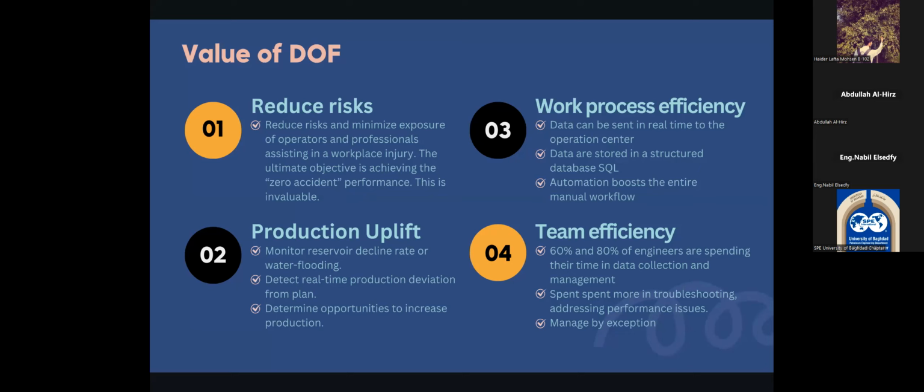That data-driven model can analyze the data and tell you if there is a spill or a leak on one of your flow lines. Then you can reduce your environmental impact, and it's valuable as well for zero accidents that can happen in the field.